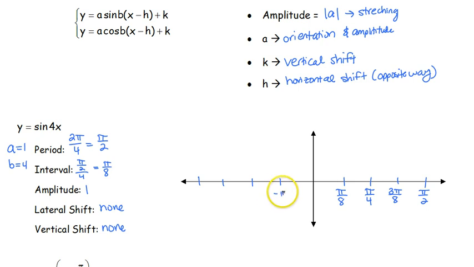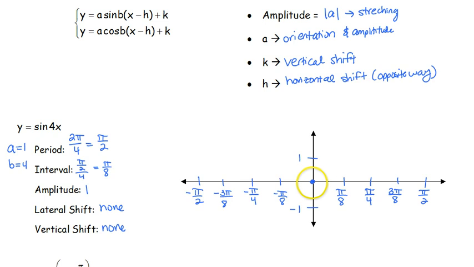So we've got a negative pi over 8, a negative pi over 4, a negative 3 pi over 8, and a negative pi over 2. And that was our only change. Our amplitude is 1. So I know that I'm going to go up to 1 and down to a negative 1. We have a sine graph.